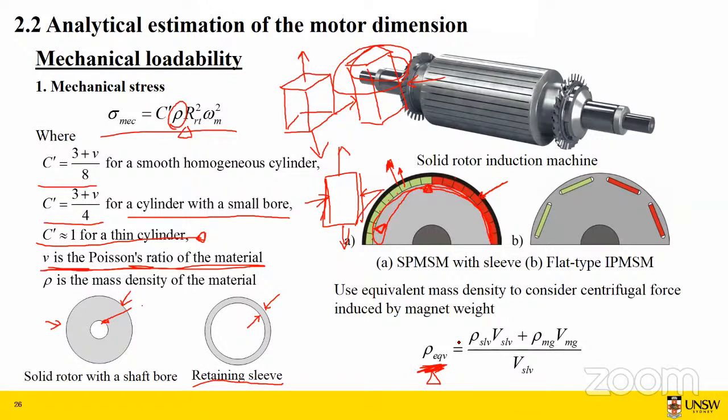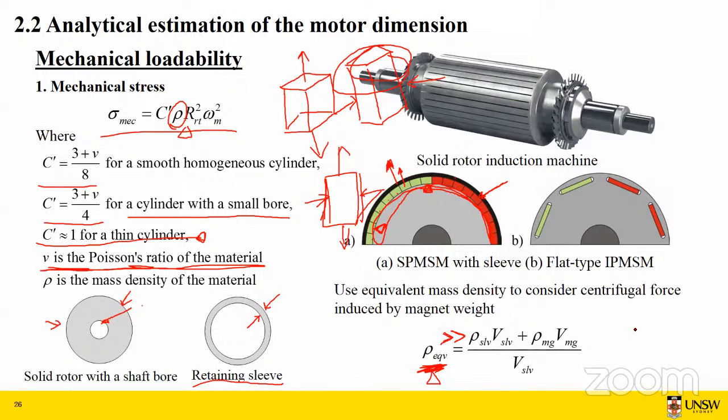That is the density of the sleeve times the volume of the sleeve plus the density of the magnet times the volume of the magnet. Basically, it's the total weight of magnet and sleeve divided by the volume of the sleeve. So this equivalent density of the sleeve will be much, much larger than the density of the sleeve itself.